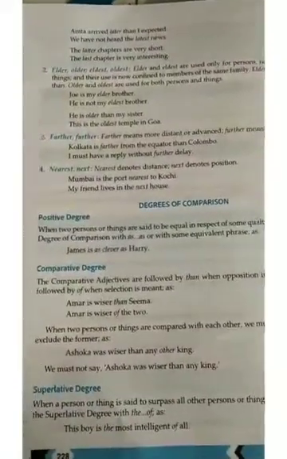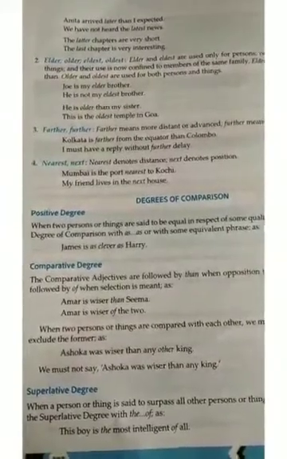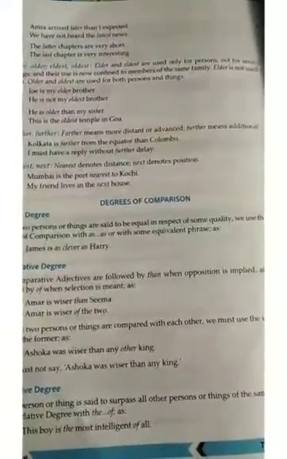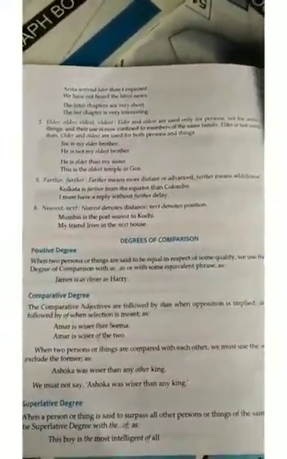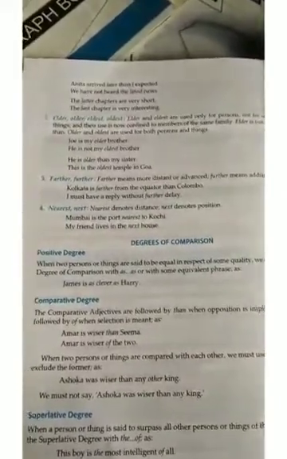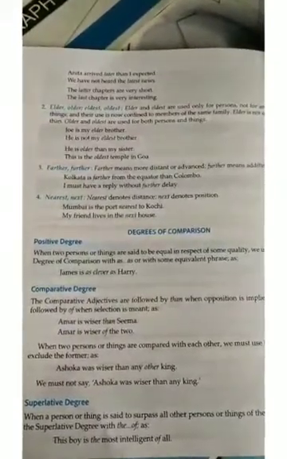Comparative degree, in which we use than, of. For an example, Amar is wiser than Seema, and here Amar is the wiser of the two. And if we want to compare two persons or things, we must use the word other. Exclude the former as. Ashoka was wiser than any other king. Okay?